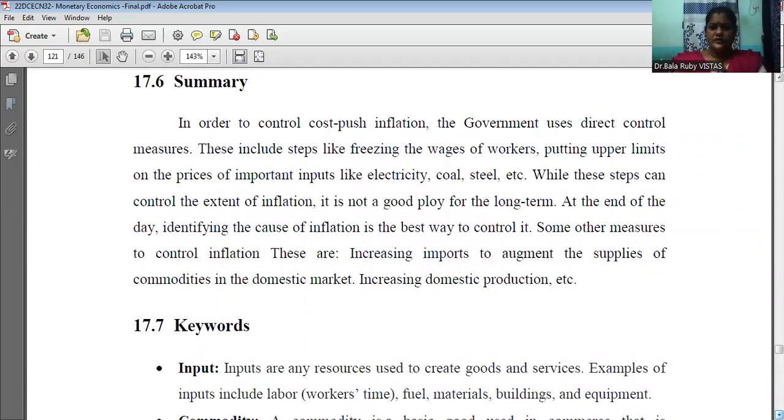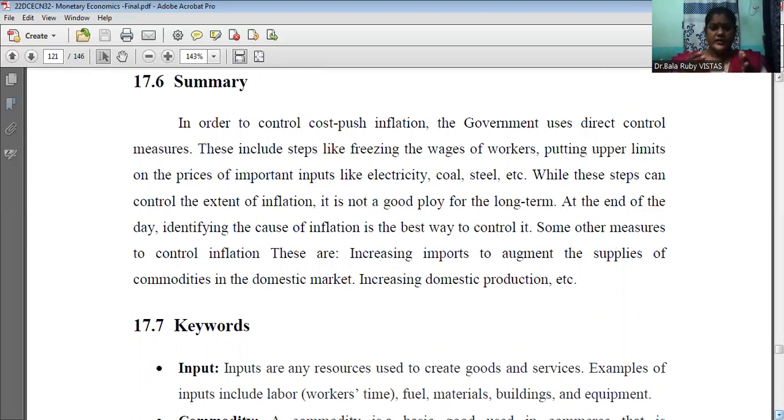So, in order to control cost-push inflation, the government uses direct control measures. It includes freezing the wages of workers and putting upper limits on the prices of important inputs like electricity, coal, or steel. While these steps can control the extent of inflation, it is not a good solution for the long term.